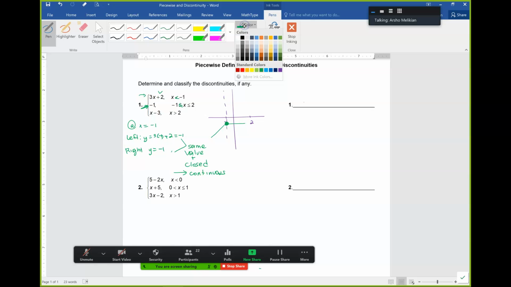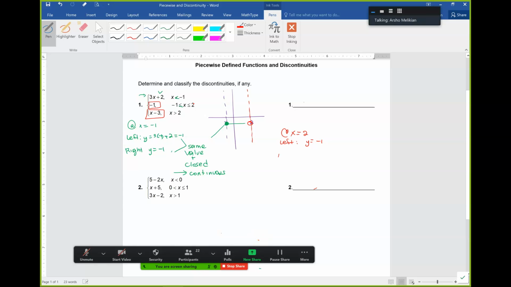Okay, what about at the other partition here? Right, at x equals 2. Which two graphs meet up at x equals 2? Well, one is this one, -1, and then the other one is x minus 3. So at x equals 2, from the left, y is -1. And I go here, it's -1. Is it open or closed at 2 for the second one?